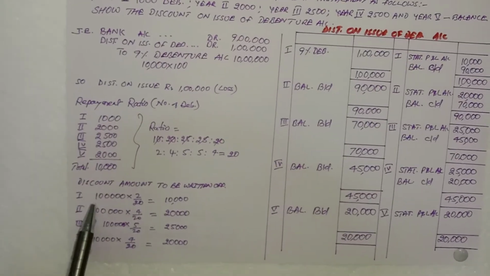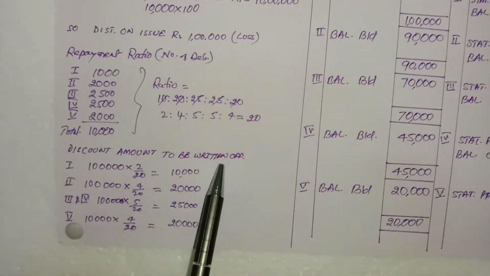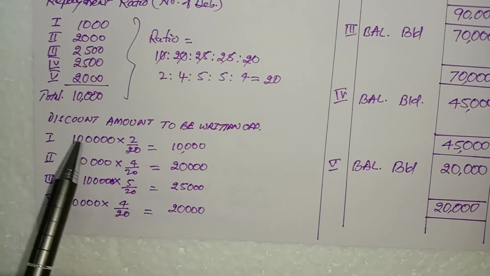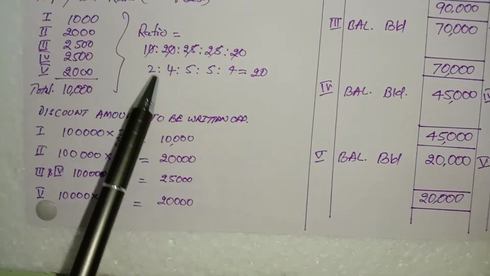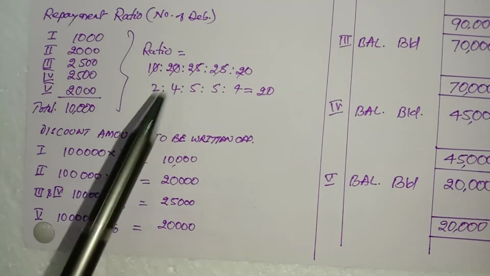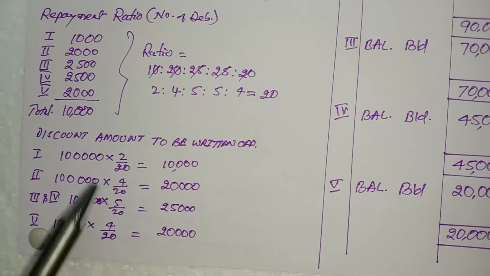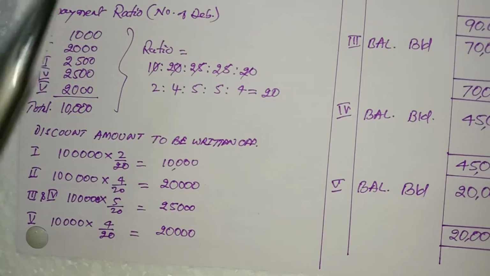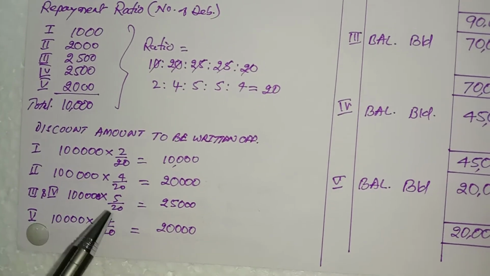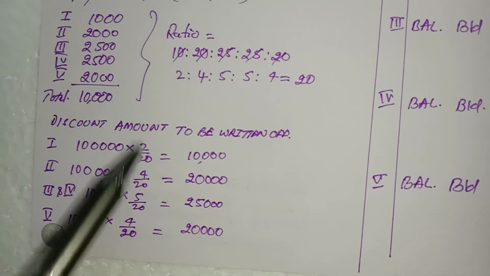So discount on issue of debenture to be written off, that is 1 lakh debenture is there, and the first ratio is 2/20, second ratio 4/20, third year 5/20. So in this ratios you divide.